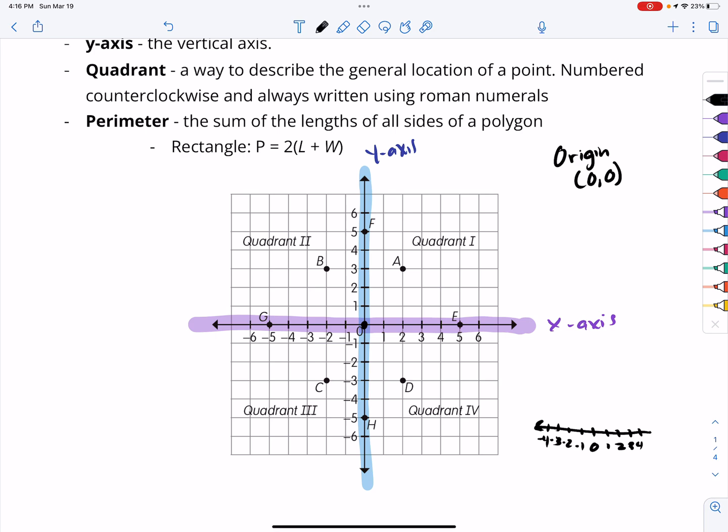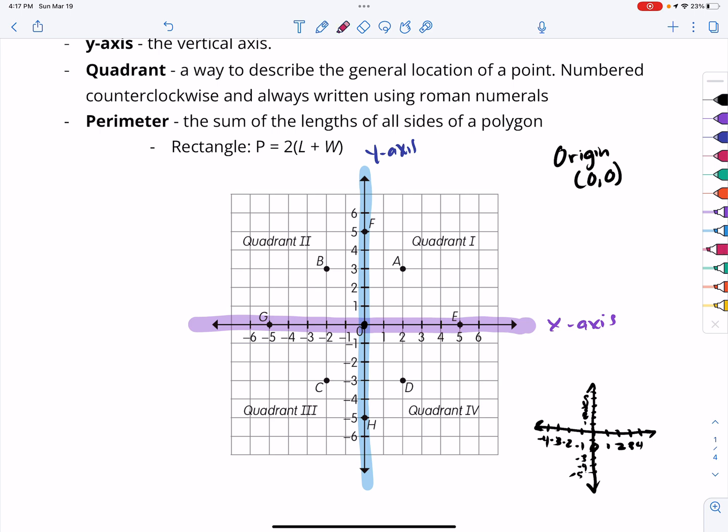And then the vertical, the y-axis, is essentially the same thing, except it runs vertically. So as you go up, things increase and they're positive, and as you go down, they decrease and they're negative. So it is pretty similar to what we looked at in chapter 2, I believe it was. So if you need a refresher on that, go check out those videos.